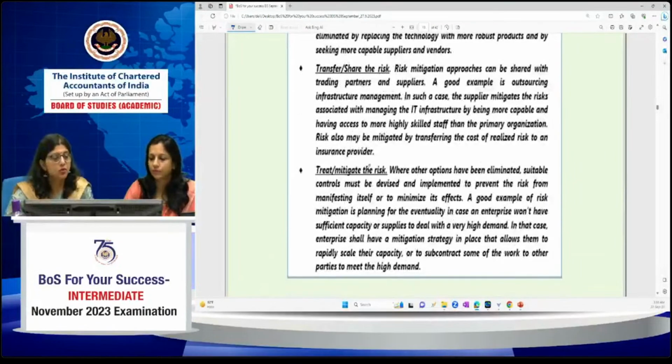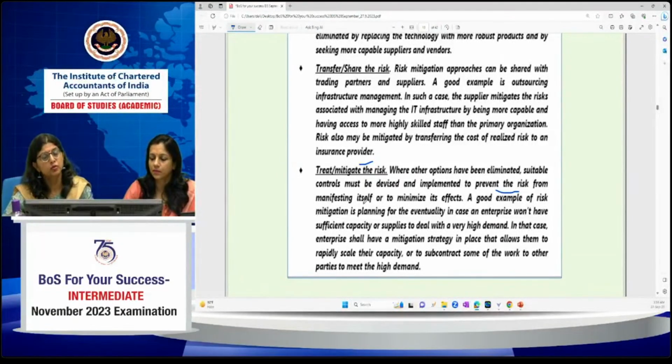When we talk about treat or mitigate the risk, when other options have been eliminated, suitable controls must be devised and implemented to prevent the risk. So it is very much a preventive control, because the company has already anticipated that such a risk may occur. And if it occurs, we will treat the risk. How will we treat the risk?